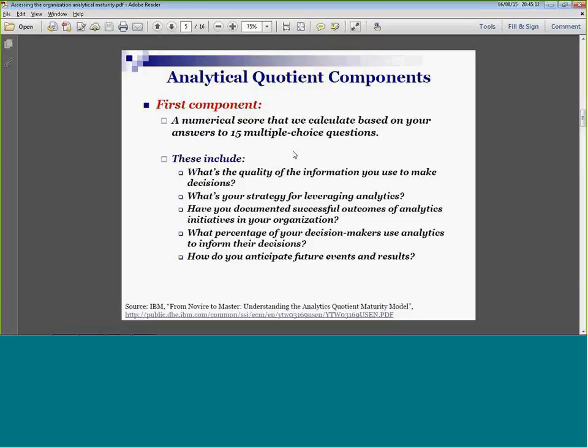But if not, you certainly could ferret that out. And again, you'd see that it's pretty straightforward in terms of the answers. What's the quality of the information you use? What's your strategy? Have you documented successful outcomes? What percentage of your decision makers use analytics? How do you anticipate future events and results?